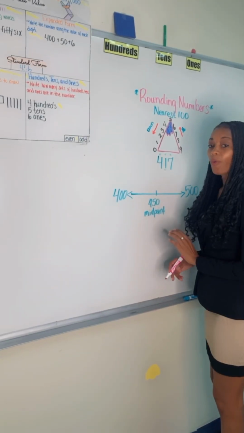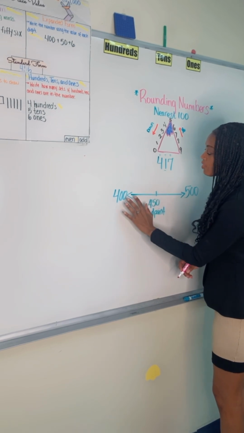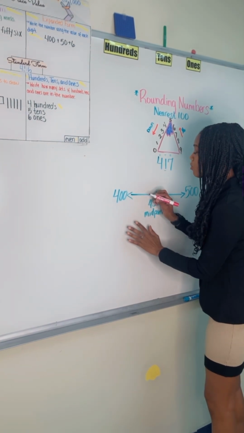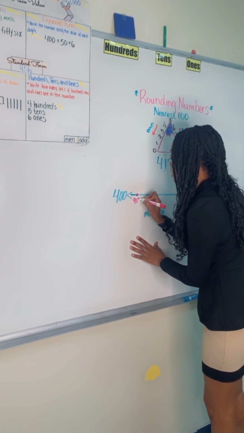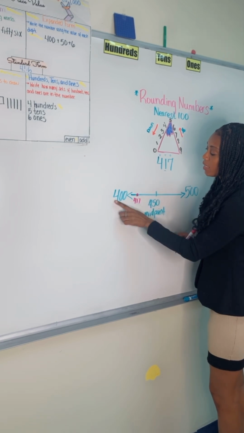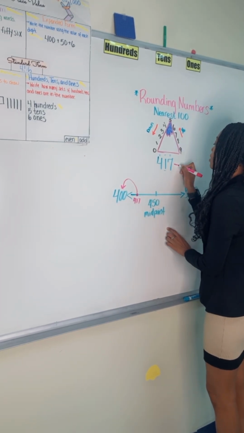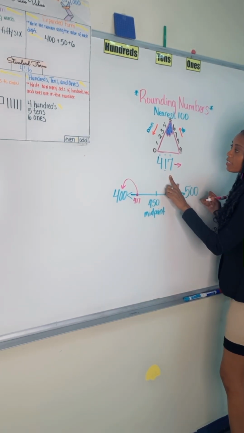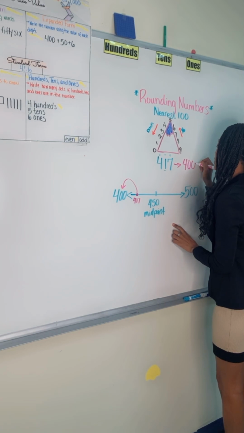All right, so now we're going to go ahead and plot the number 417. So 417 is going to be right over here. So I'm going to put my plot here, 417. 417 is closer to 400. So I know if I round 417 to the nearest 100, the answer will be 400.